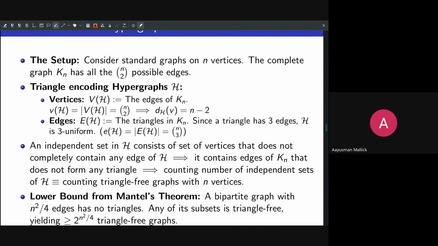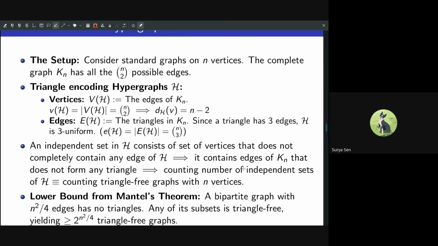Also, the degree of each vertex in the hypergraph is basically equivalent to the number of triangles in which a given edge of Kn would be present. That would be n minus 2, because two vertices are present in the edge, and we can choose any of the n minus 2 remaining vertices to form a triangle.